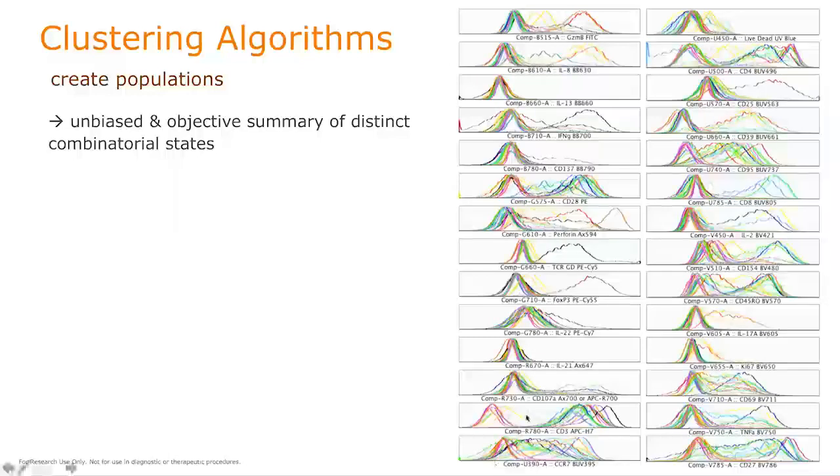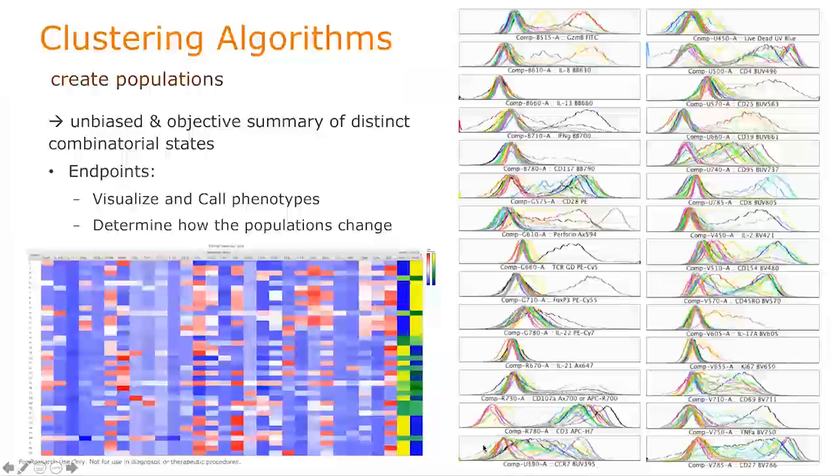But it's not going to be as clearly bimodal and distinct. So it's not easy to just gate what's positive and gate what's negative. If I do that through CCR7, I'm cutting through these transitional intermediate states with a hard-line gate and not capturing the complexity of that marker. And I think that really the clustering algorithms do a good job of giving you those intermediate phenotypes that may be the transitional states in an immune response.